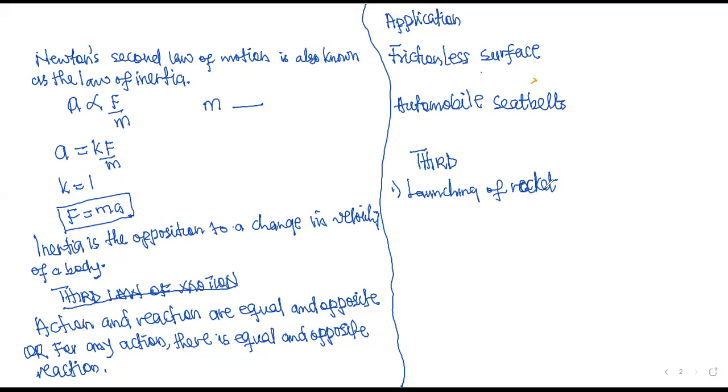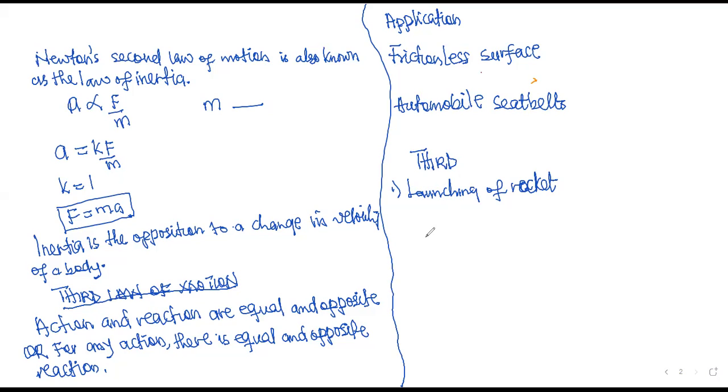So as the smoke and the fume escape with that pressure and force in the downward direction, we have that same thrust or force and pressure acting on the rocket in the upward direction. So that is one application of the third law.